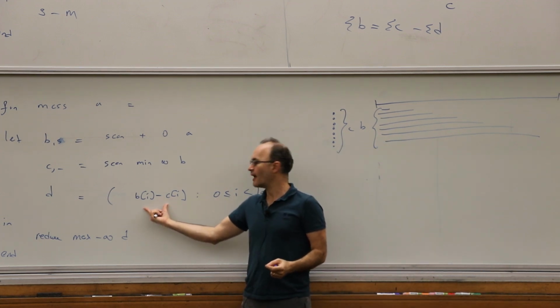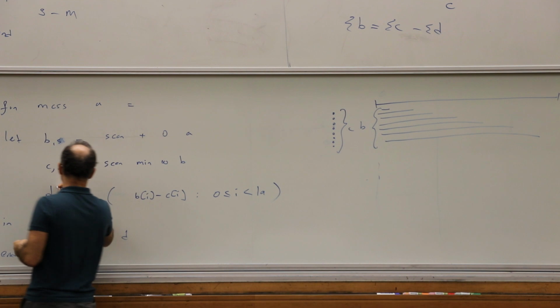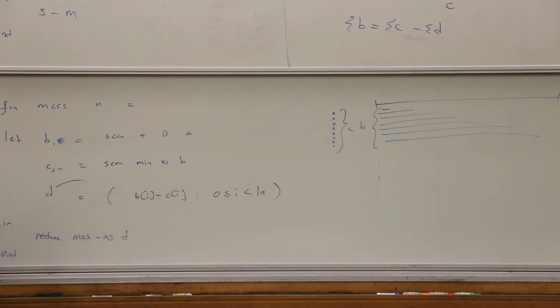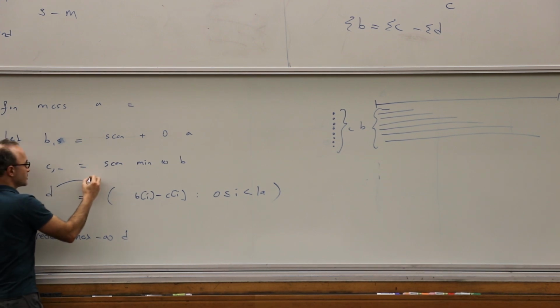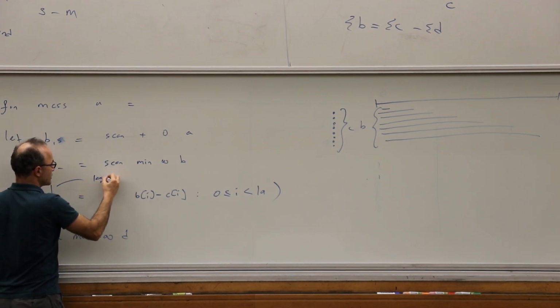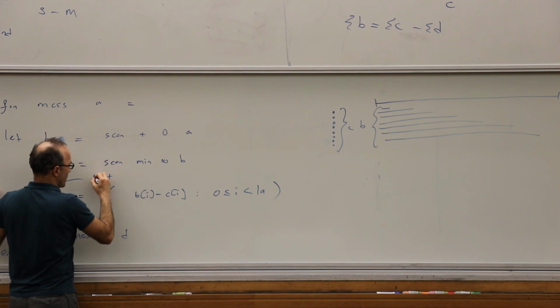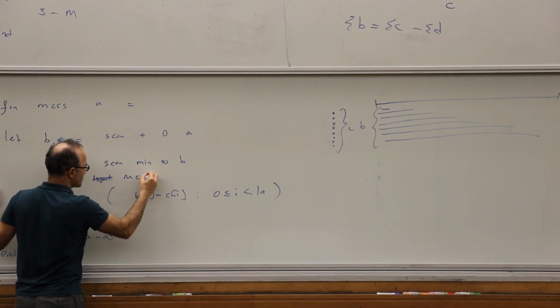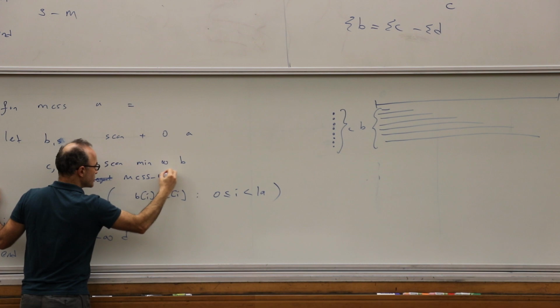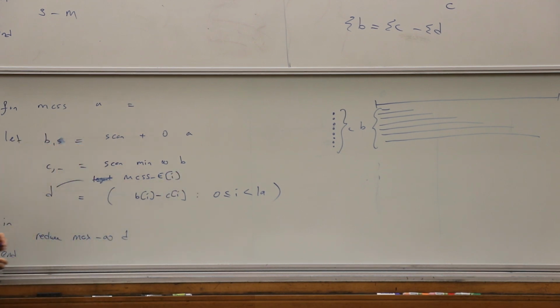This way we find this D, the largest contiguous subsequence sum that ends at each position. So this is the sequence of maximum contiguous subsequence sums at each position i, and then we pick the max.